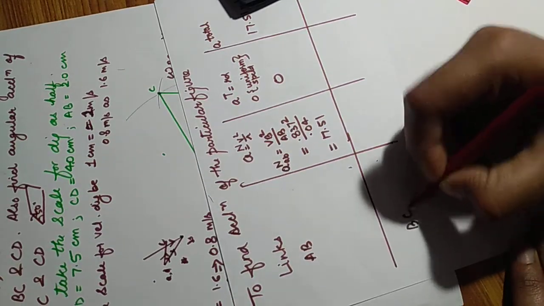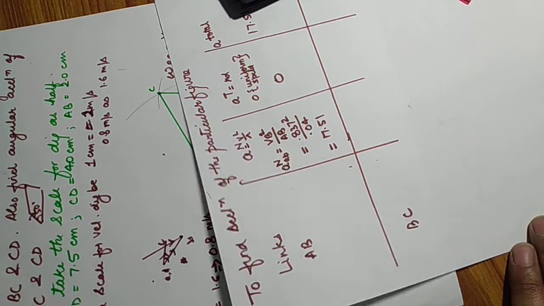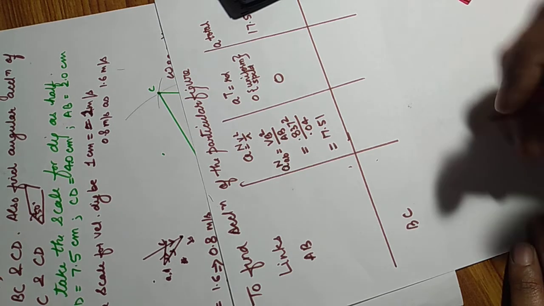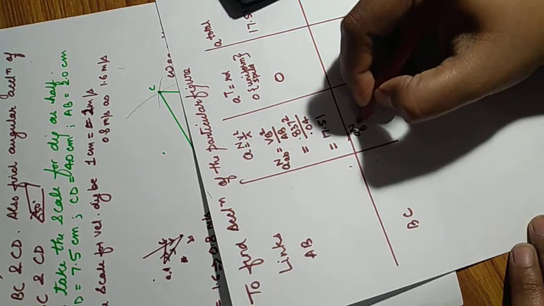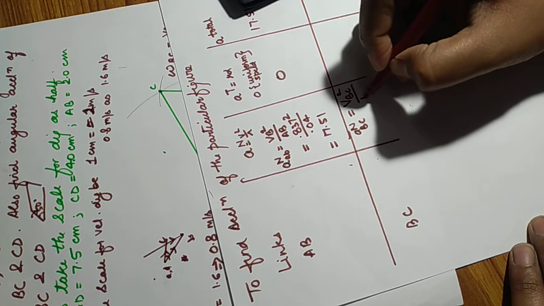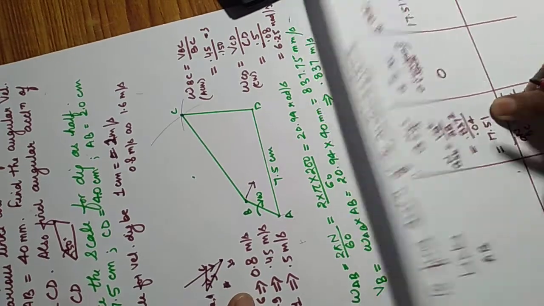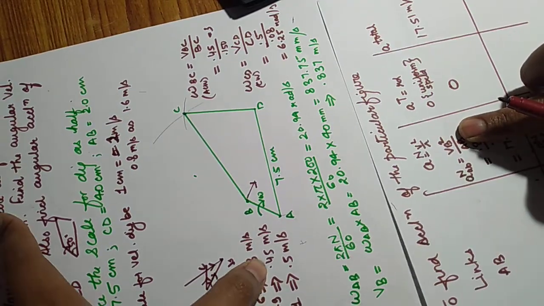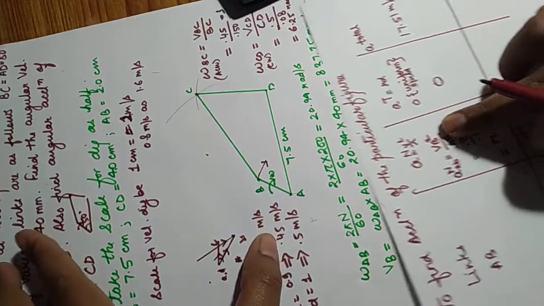Then we are given link BC. Okay, and in BC, the an component, an of BC, can be found as VBC square upon RBC. So we have VBC square, we have already found VBC. VBC was 0.45 meter per second. This is BC and we have already measured it.